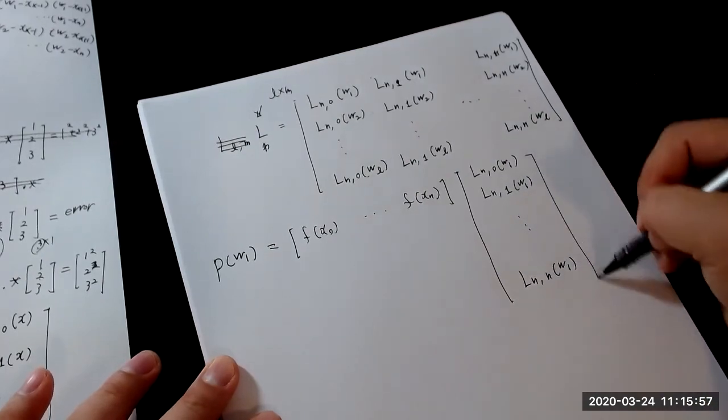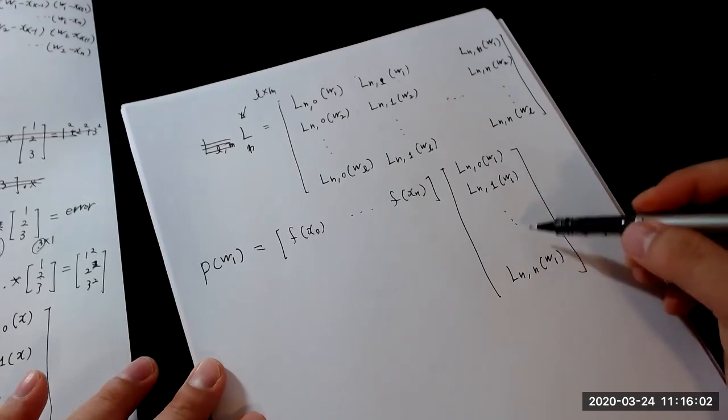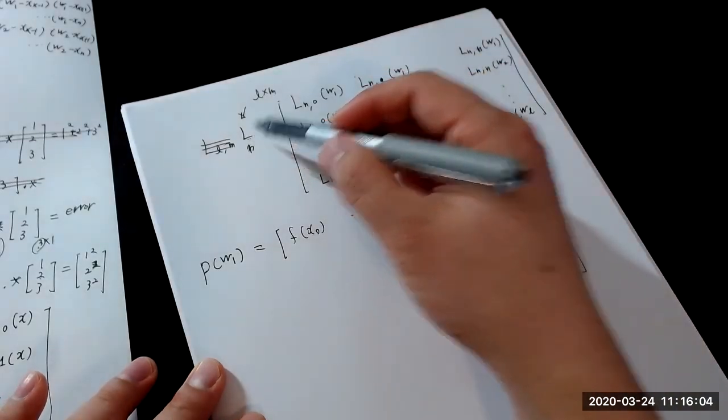You see that here? Actually this is the row vector of that matrix L, right?